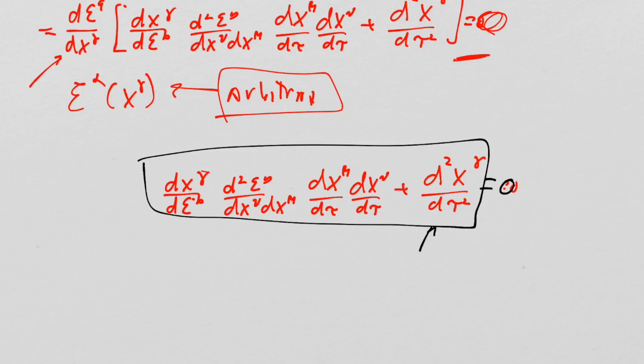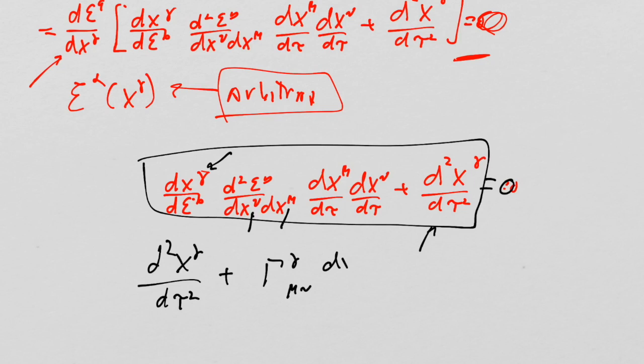And we should do that because that's the whole point of why I'm reviewing this: d squared x gamma d tau squared plus, and then we created this object, the connection, gamma, with the only remaining indices mu and nu, dx mu d tau, dx nu d tau equals 0.